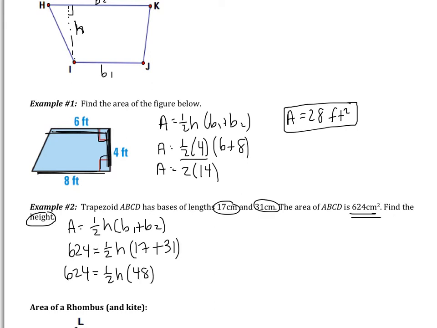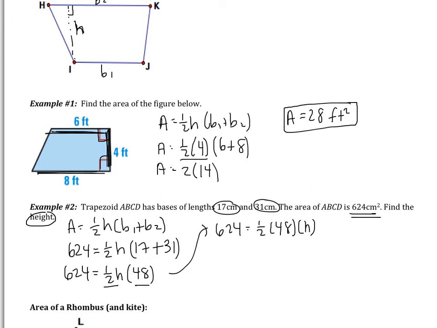Now, at this point, you have 2 options. You could take 1/2 of 48, or you could multiply by both sides to get rid of the 1/2. I'm going to multiply the 1/2 and the 48. So really, all I'm doing is I'm switching that 48 and the h. So 1/2 48 multiplied by h. I can do that because of the commutative property.